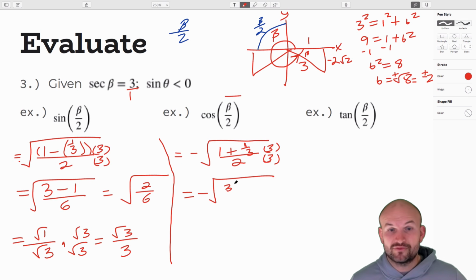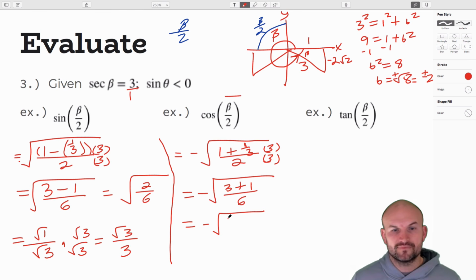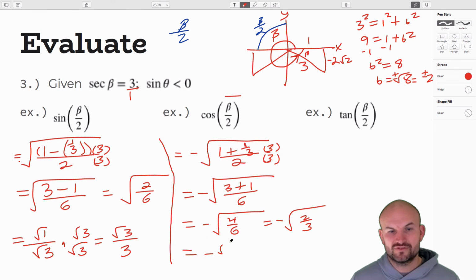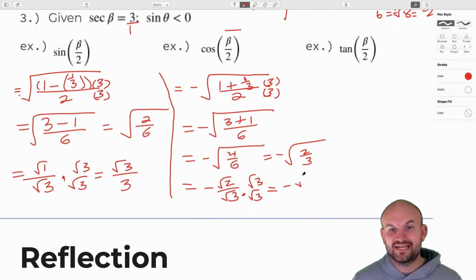So now it's going to be 3 plus 1 over 6, which is going to give us a 4, which gives us a negative 4 over 6, which is equal to a negative 2/3. Therefore, this will give us a negative square root of 2 over the square root of 3. And if we rationalize the denominator here, we would have a negative square root of 6 over 3.